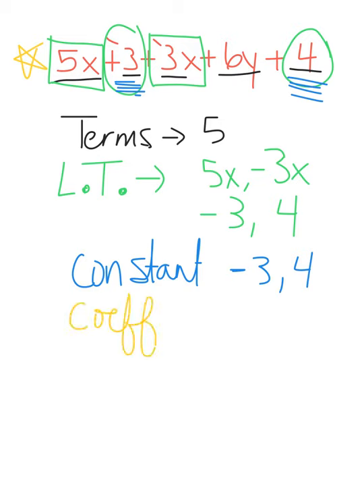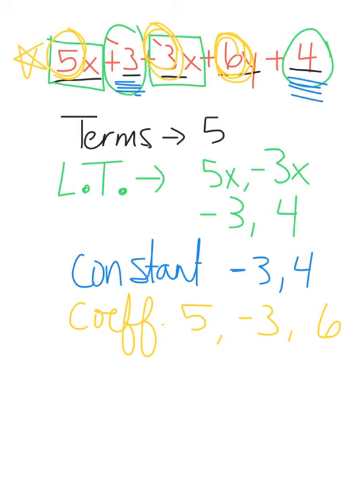We know that our coefficients are numbers that are in front of a letter. So one of my coefficients would be the 5. Another coefficient would be my negative 3. But I have a third coefficient, which is the number 6, because it's in front of the y.